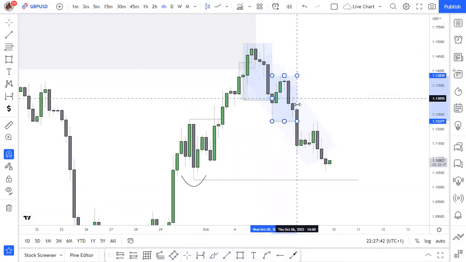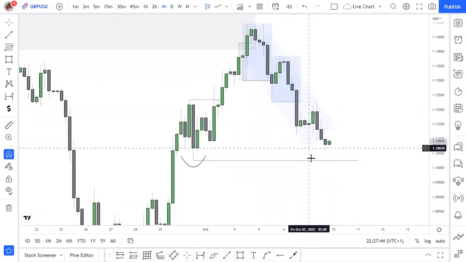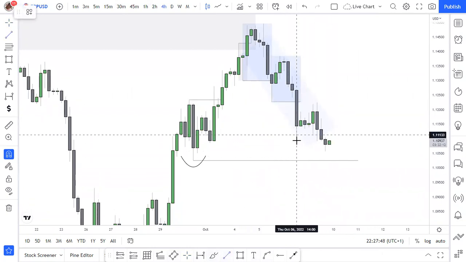We have this again, and it just continues like we form another supply range.